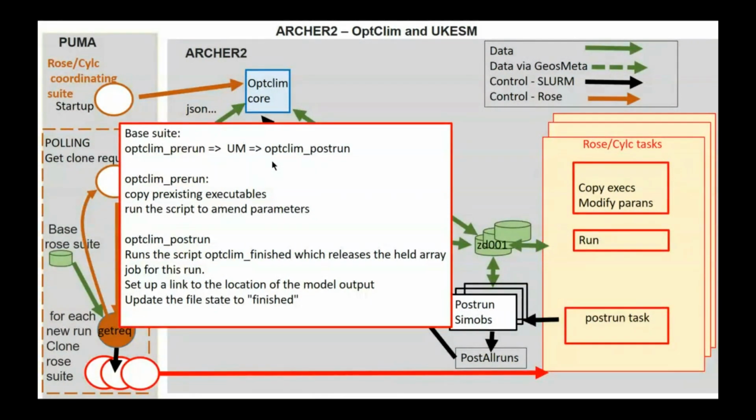And then after the run, the post-run task runs that script that releases the array task for calculating the simulated observations, and updates the state of the model in the interface directories, so that that can be recognized by all the software components.